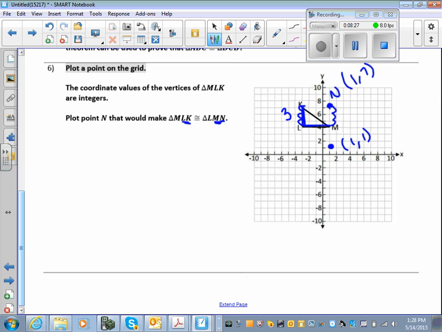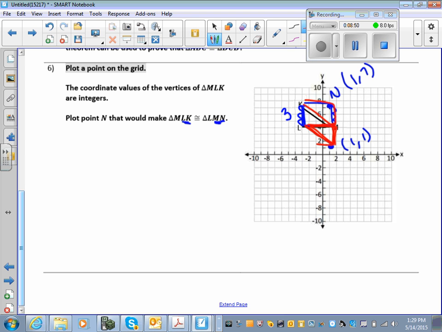So you can either have a triangle that looks like this, or one that looks like this. So your two options for N are (1, 7) and (1, 1).